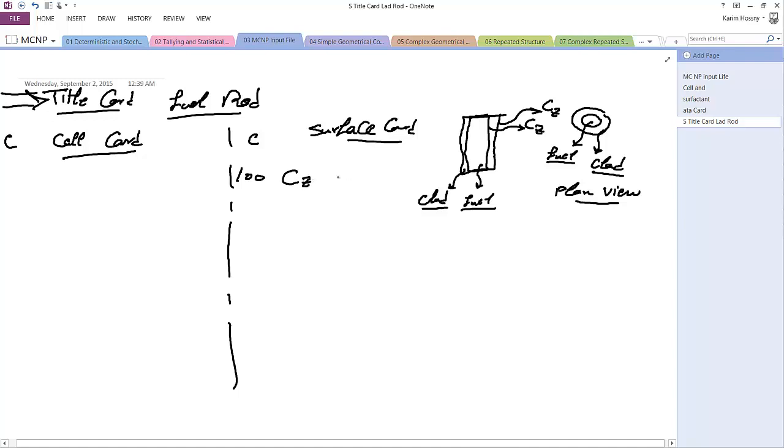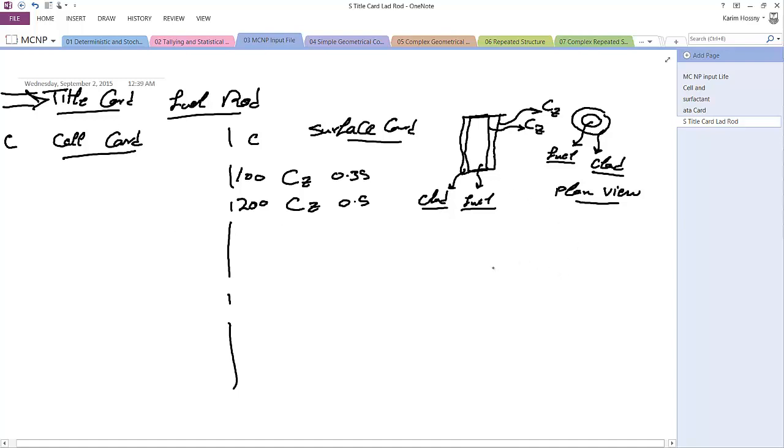Let's say the radius of the fissile column is 0.35 centimeters. Then 200 CZ 0.5 centimeters. Then this surface is called 100. This surface is called 200.